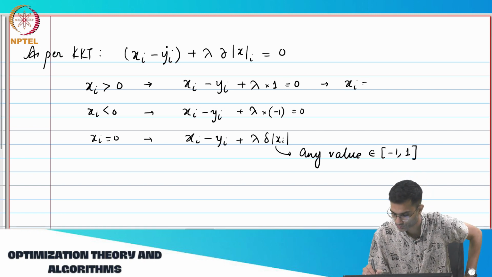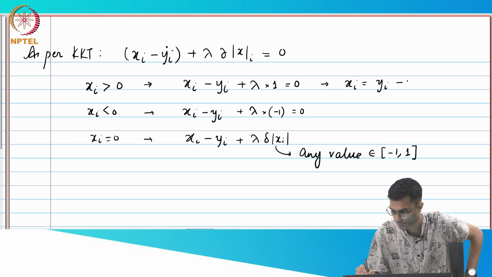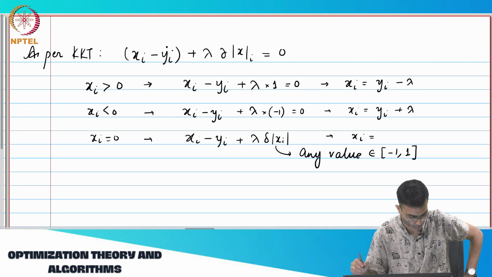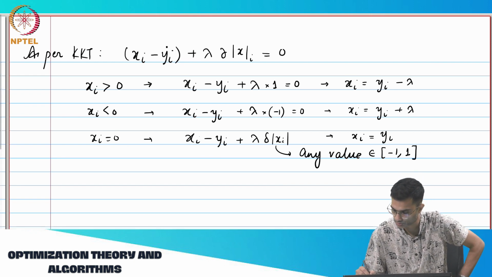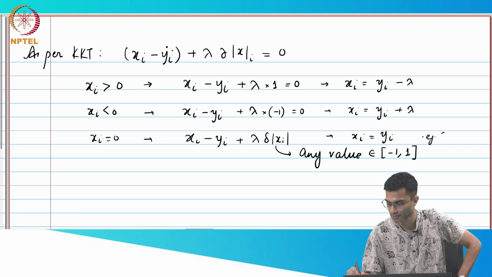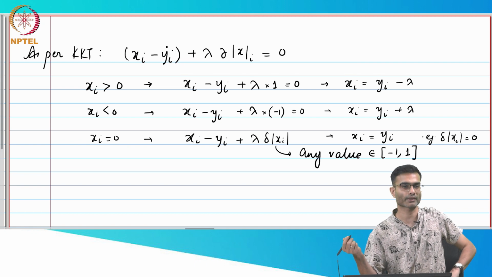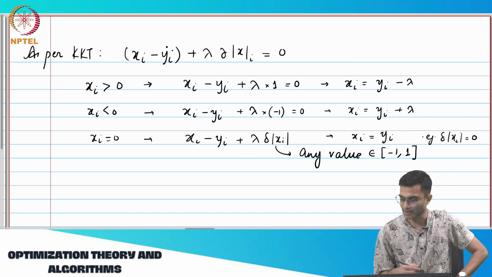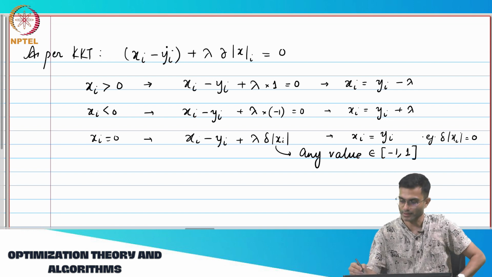In the first case xi equals yi minus lambda, in the second xi equals yi plus lambda, and in the third I can take the element 0, since 0 is a candidate. Is there again a compact way to write these three things?